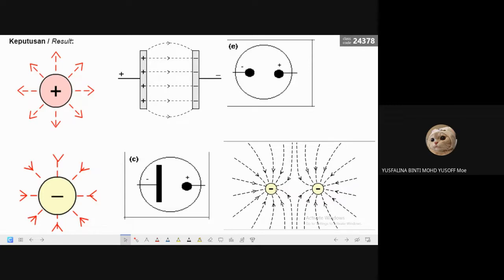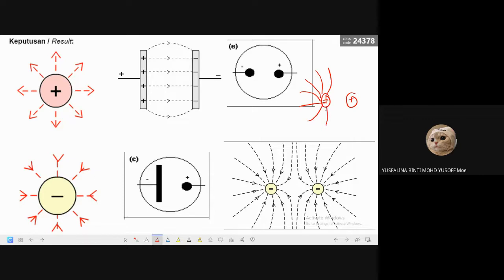So it will be like this. They will not go from negative to negative, no, because they have the same charge. So for example, if I change it to positive, positive, what happened here? It's the same, but the direction is different.